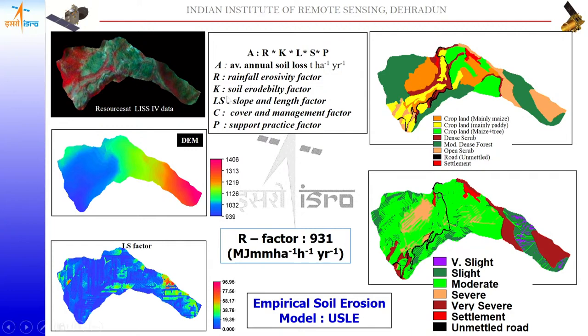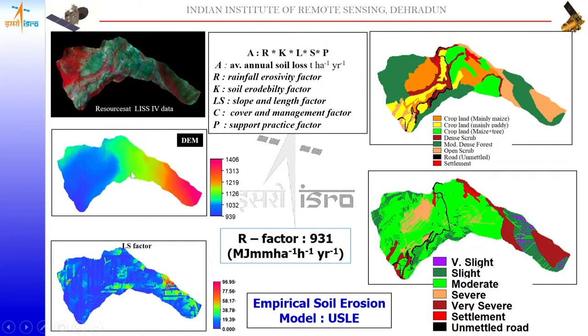So R is the rainfall factor, K is the soil factor, LS is the slope and length factor, L means length, C is the crop cover management factor and P is the support practice factor, meaning what management and support is being done by the farmers. You can prepare these maps and integrate them, and you can generate the soil erosion map.